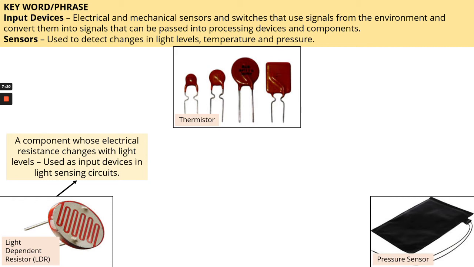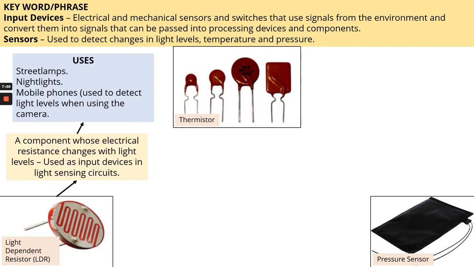So much so to the level where a light bulb might not turn on. But when it gets dark, the amount of electrical resistance that the LDR provides reduces, so it gradually lets more and more electrical current flow through it until it gets to the stage where it's dark enough that it will just let all the electrical current through, therefore turning the lamp on, the bulb on, or the light on.